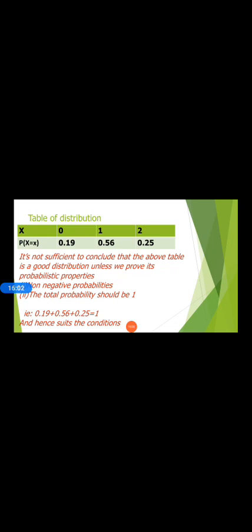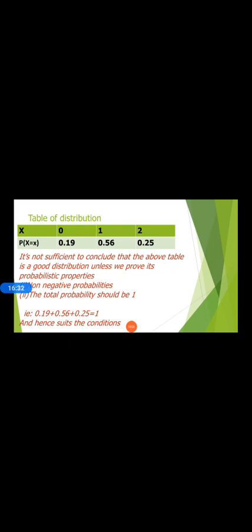The total probability should be 1. Let us see. Get 0.19, add 0.56, add 0.25. Are you getting a 1? Yes, we are having a 1. And if we have 1, we shall say that the above table satisfies the two probabilistic properties.